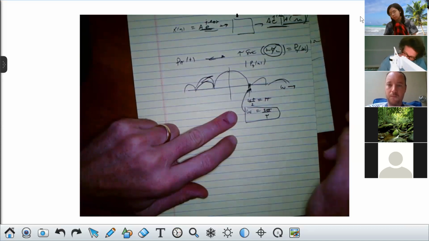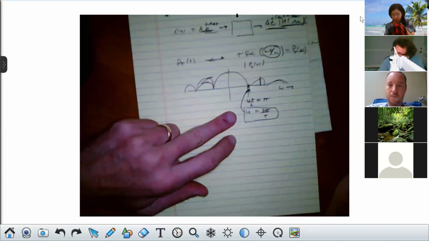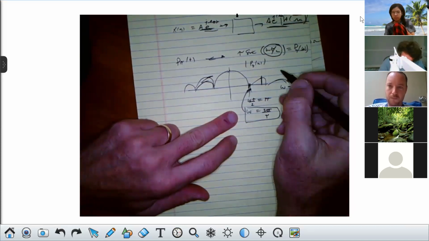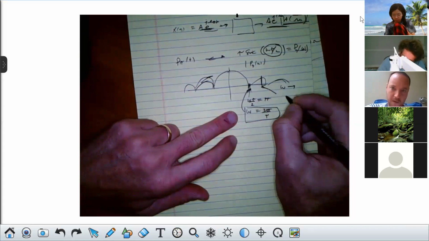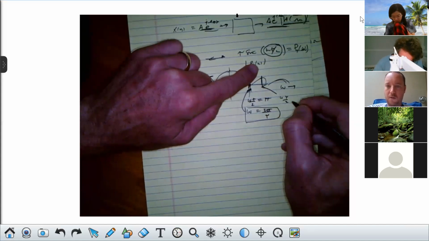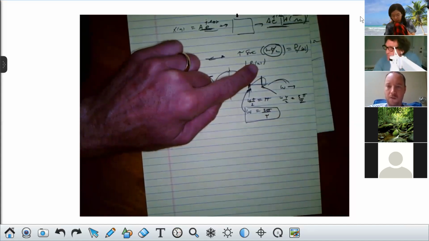All right, where's the next maximum? The first maximum was at 0. Where's the next maximum? Think of a sine wave. It goes up, hits pi over 2 as a max, right? Sorry, for the sine it would be 3 pi over 2. That's exactly right. So this maximum corresponds to omega tau over 2 being equal to 3 pi over 2. Do you all agree with that, class?